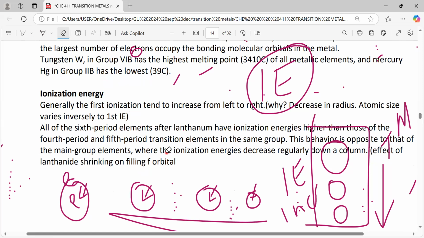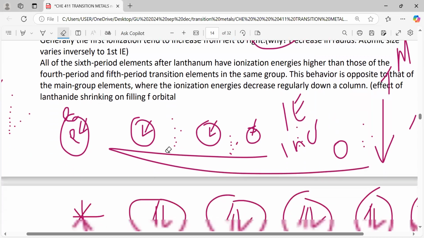So we are seeing that the lanthanide effect has an influence on the ionization energy. And I've already explained that in this paragraph here.